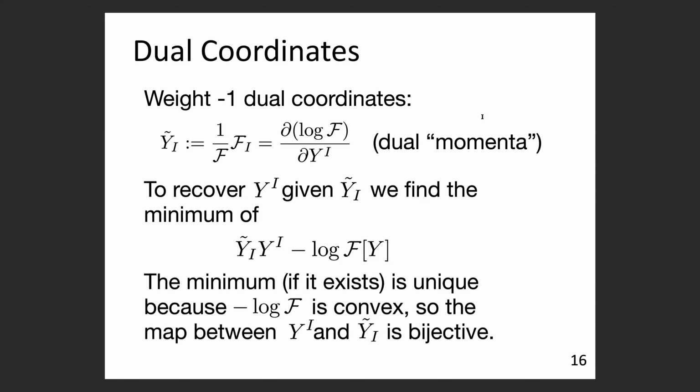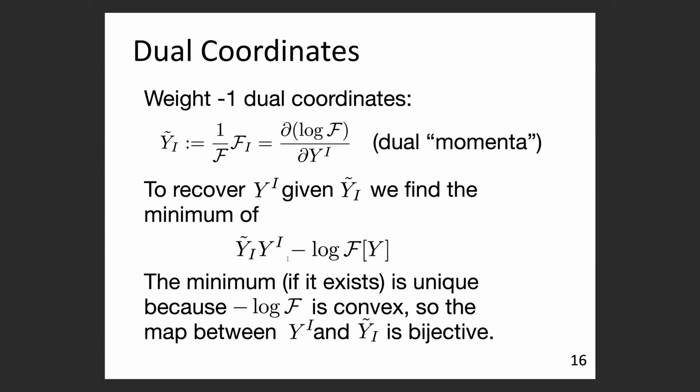So in fact, because of the way that Legendre transformations work, that is telling me a very important piece of information, which is that there's a one-to-one map between the y's and the y tildes. How do I prove that? Well, look at this combination, y tilde y minus log f as a function of y. And now to find y given y tilde, I find the minimum of this function.